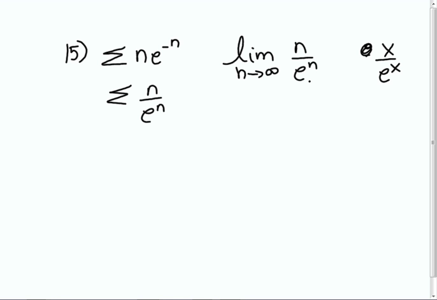You use L'Hopital's rule. Remember L'Hopital? If you get infinity over infinity, you take the derivative of this, which is 1. You take the derivative of e to the x, which is e to the x, and that goes to 0. So the sequence does go to 0.